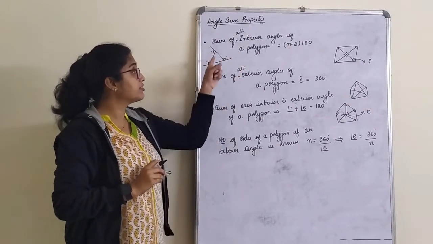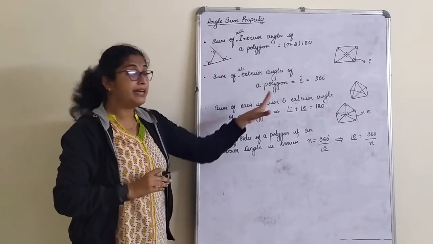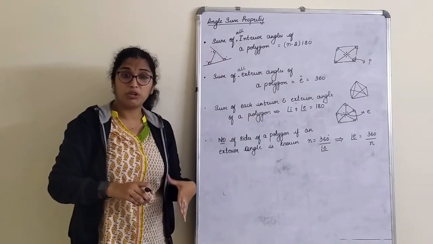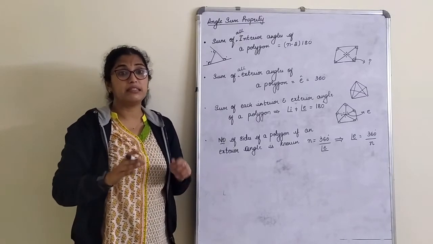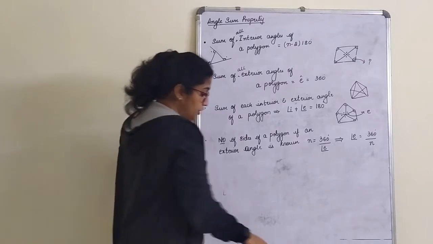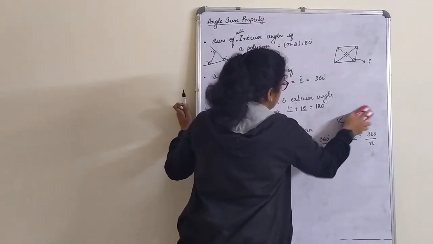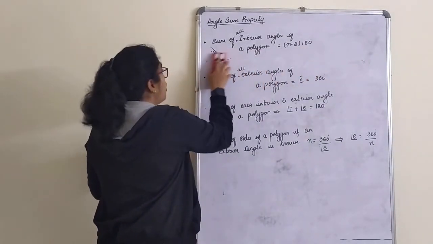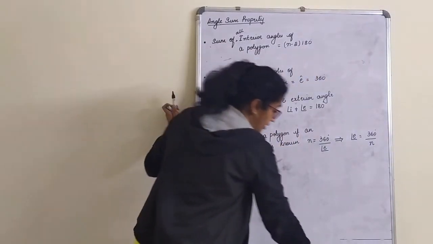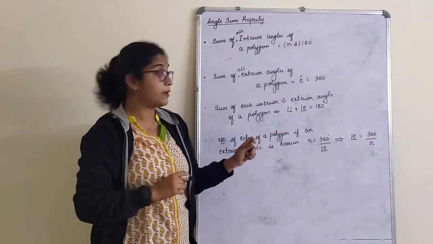Similarly, we get 360 for a triangle also. For a pentagon it is 360, hexagon 360, heptagon 360, anything you take, you get 360 only. They will not ask you in a figure, you should just know this as a formula. The sum of all exterior angles of a polygon is 360.